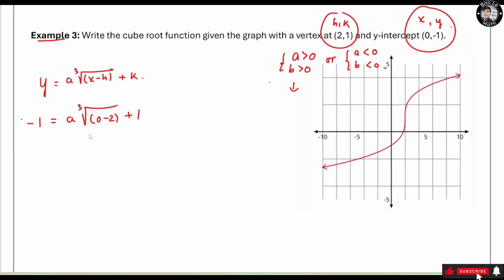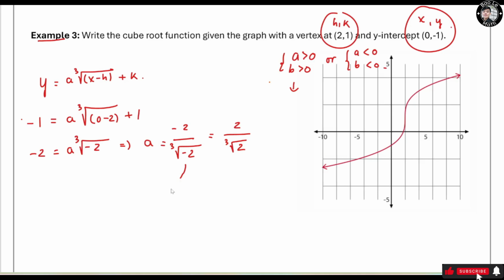Now I'm going to solve for a. Subtract 1 from both sides, so -2 equals a times the cube root of negative 2. So a equals negative 2 divided by the cube root of negative 2, so it's going to be 2 over the cube root of 2.